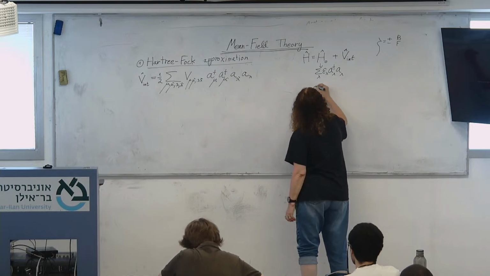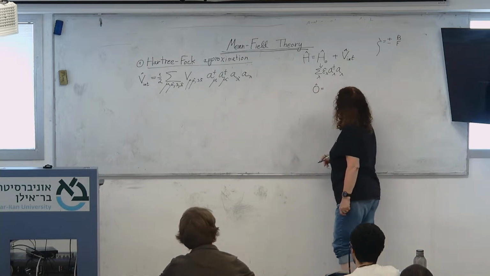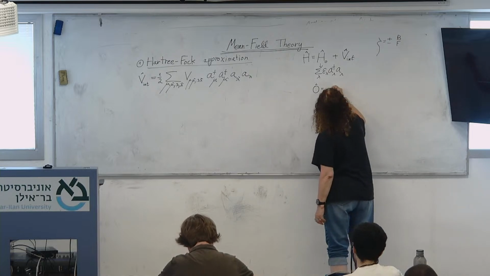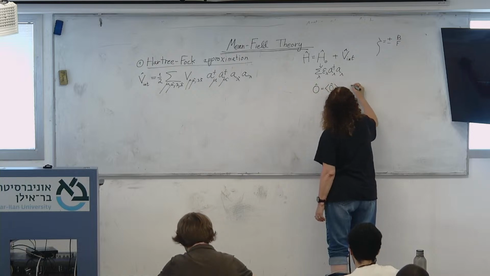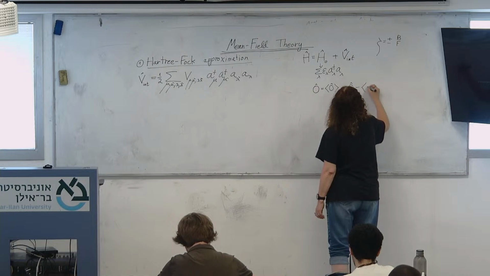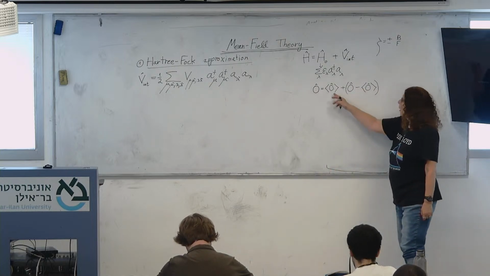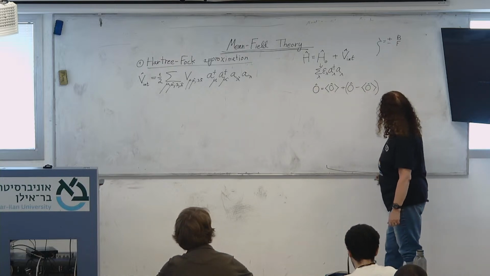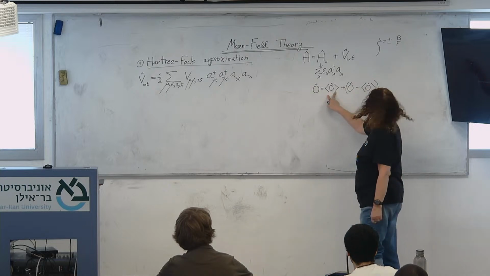Let me generally explain what I mean. So an operator, you can always write in the following way, and this is of course trivial. Right, I just added and subtracted something. And when you replace it by an expectation value, what are you missing?